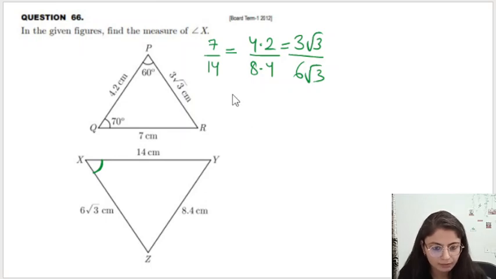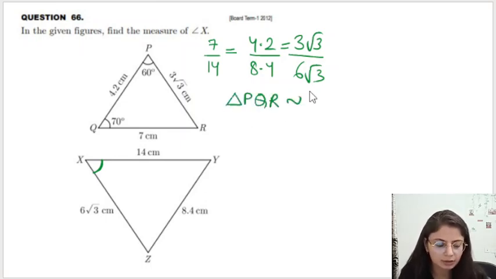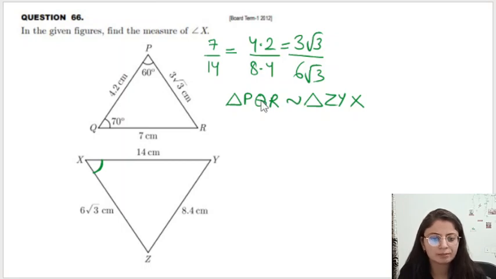So we can say triangle PQR is similar to triangle ZYX, right? So PQ's corresponding side, which is it? PQ's corresponding side is ZY, right?